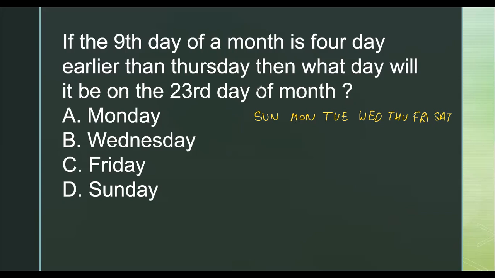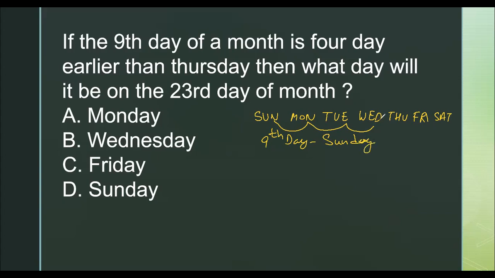Ninth day of month is 4 days earlier than Thursday. So 1, 2, 3, 4. That means ninth day is Sunday, according to the question.